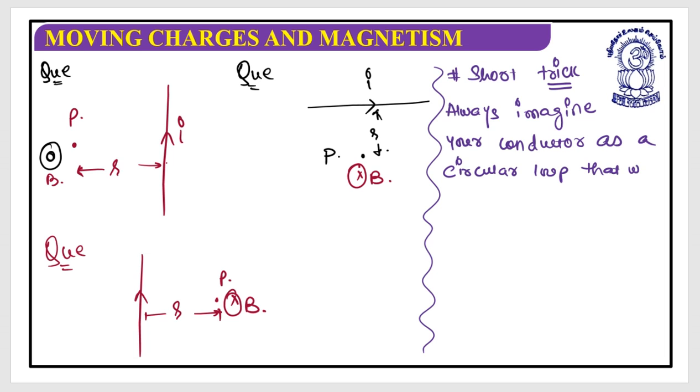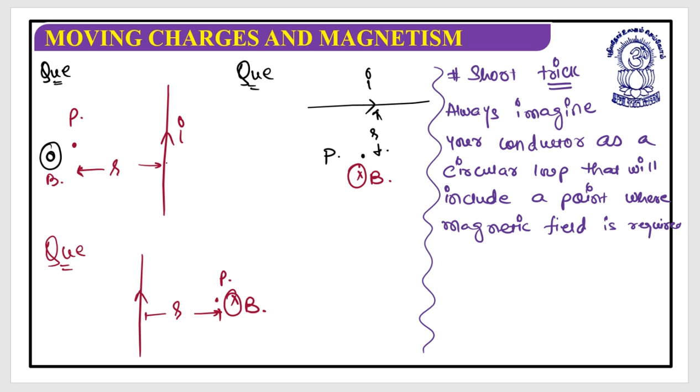that will include a point where magnetic field is required. So first task, you need to do this. You need to imagine your conductor as a circular loop, and that circle should be made such that the point where magnetic field is required is covered.